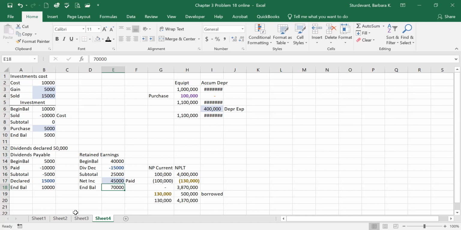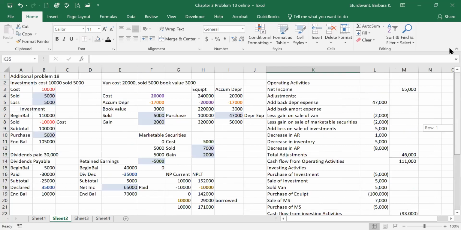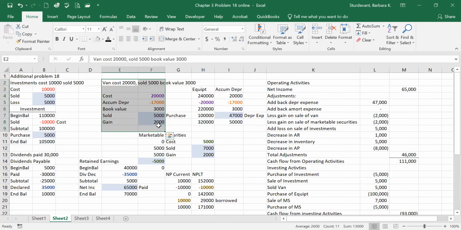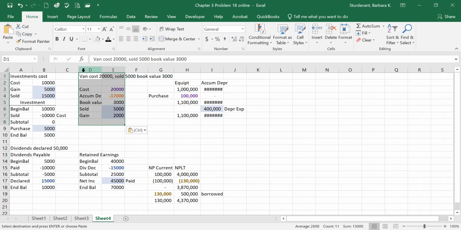Okay. Then we have a van that was sold. It cost 20, was sold for 5, and had a book value of 3.